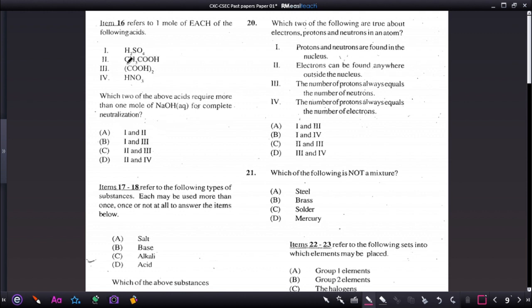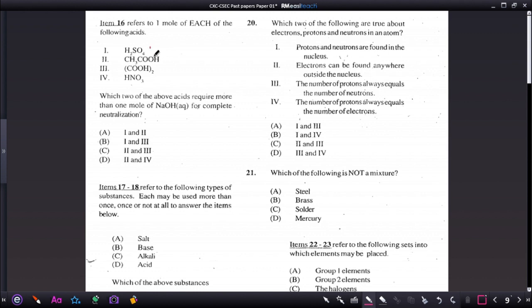Sulfuric acid, as you can see, is a dibasic acid, and so it will require 2 sodium hydroxide. Every mole of sulfuric acid that is dissociated releases 2 moles of hydroxonium ion to neutralize the sodium hydroxide. But we can clear this up using the formula.